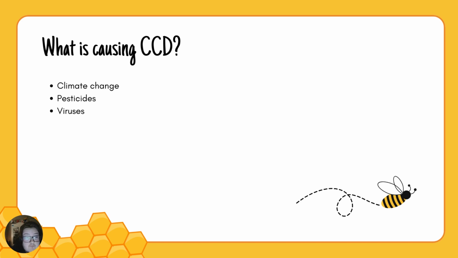However, certain factors such as climate change and pesticides have led to the decreased immune system in honeybees, which has led to them being more susceptible to these viruses. So, when the climate changes and when bees are having consistent exposure to harmful pesticides, their immune system is compromised and they do not have the ability to fight off these viruses that they used to.